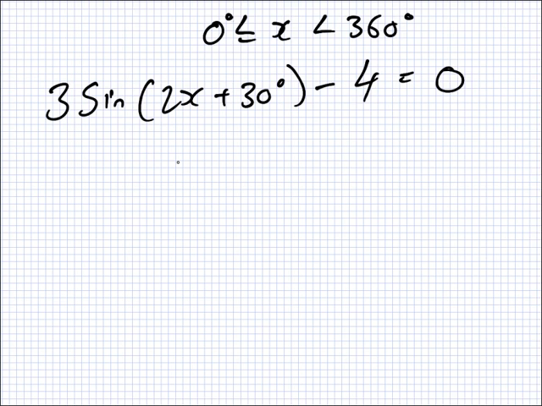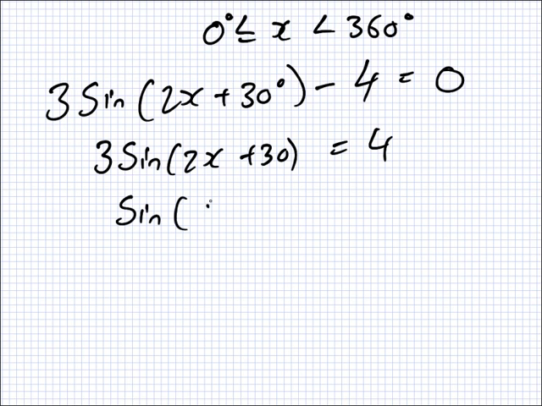So the first thing we do is we just change this into 3 sine 2x plus 30 equals 4. And sine 2x plus 30. Oh, you blasted fool. I have my 3 and 4 mixed up. I'll have to change it to 2.